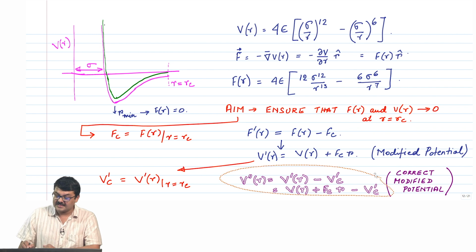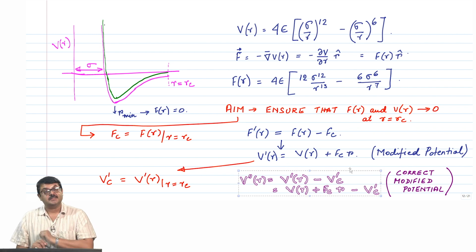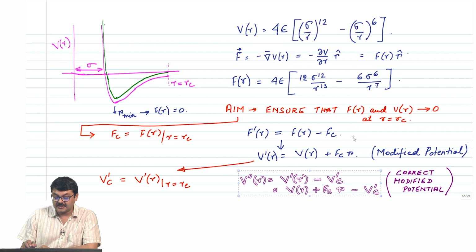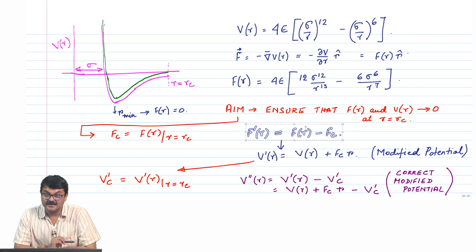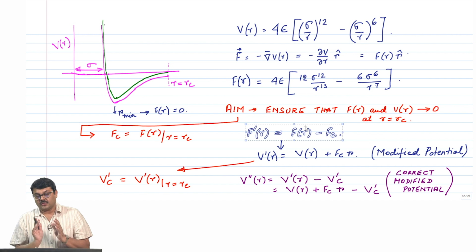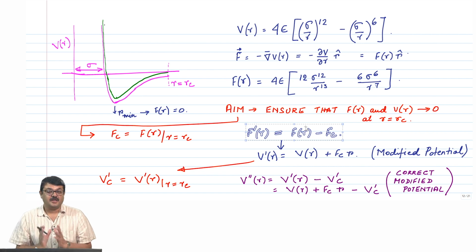Moreover, if you use this expression for the potential, the corresponding expression for the force is this, and this in turn also goes smoothly to 0 at r equal to r c and remains 0 for r greater than r c, and that is exactly what we wanted. So, the message is to make the force and potential both go smoothly to 0, so that we have a relatively efficient calculation of the force.